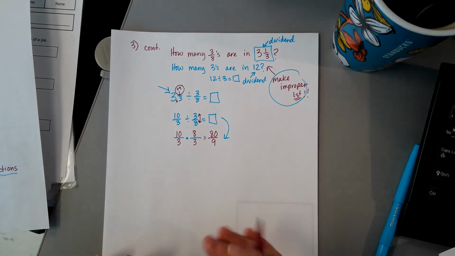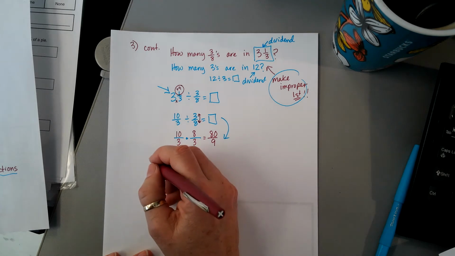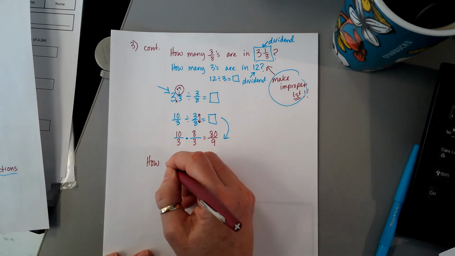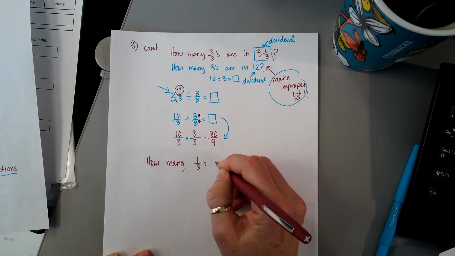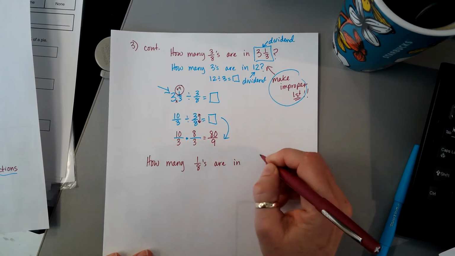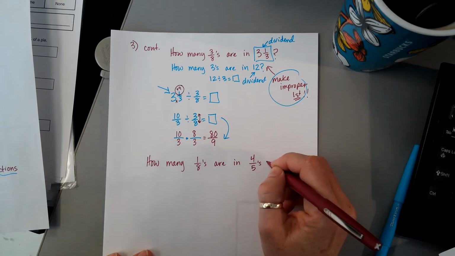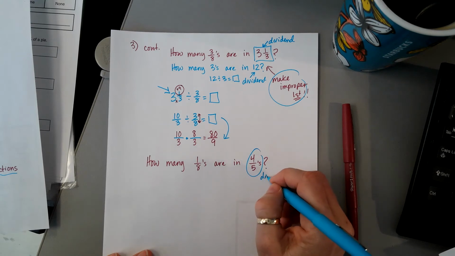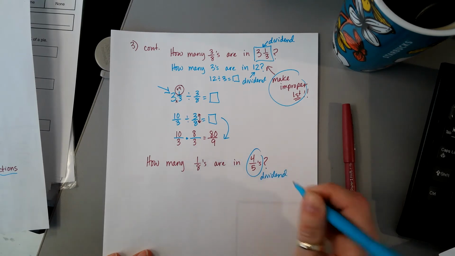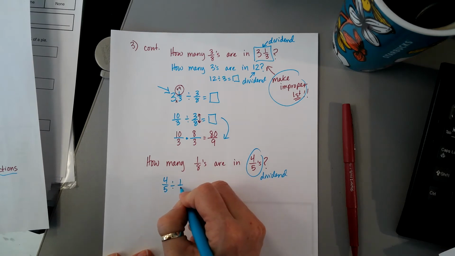Let's just do a couple more. How many 1/8 are in 4/5? This is always our dividend. So my math problem is 4/5 divided by 1/8.